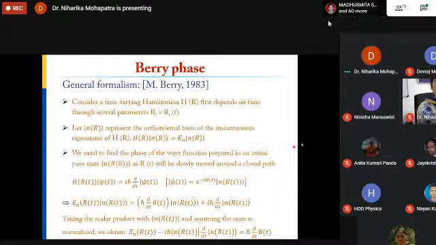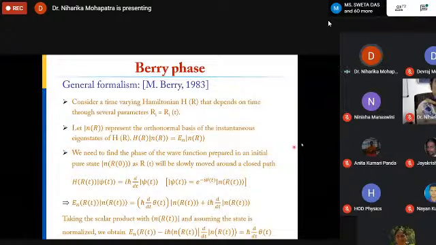I don't have time to go into the detail. I'll very quickly tell you what it means. So if you have a Hamiltonian, and the Hamiltonian depends on various parameters, say R are the parameters on which the Hamiltonian depends.